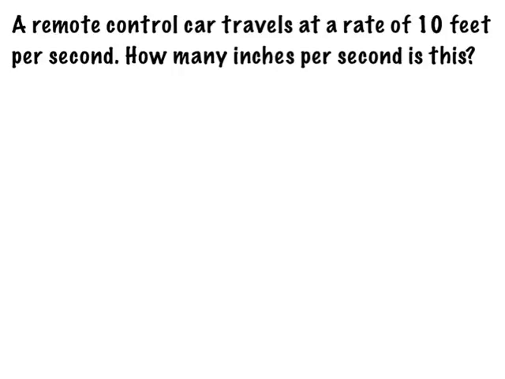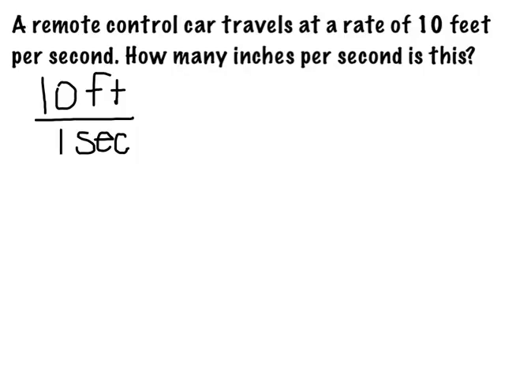Let's take a look at this first example. A remote control car travels at a rate of 10 feet per second. How many inches per second is this? The first thing we want to do is write down the unit rate that is given to us, which is 10 feet per second, or 10 feet in 1 second. Then let's look at what they're asking for.